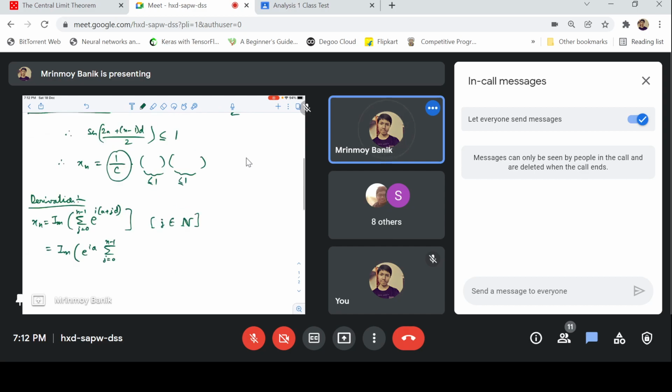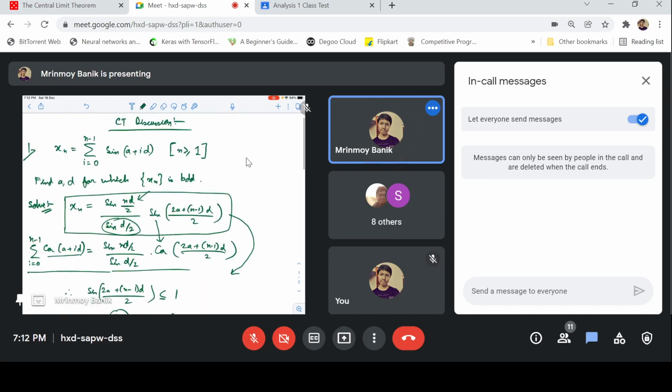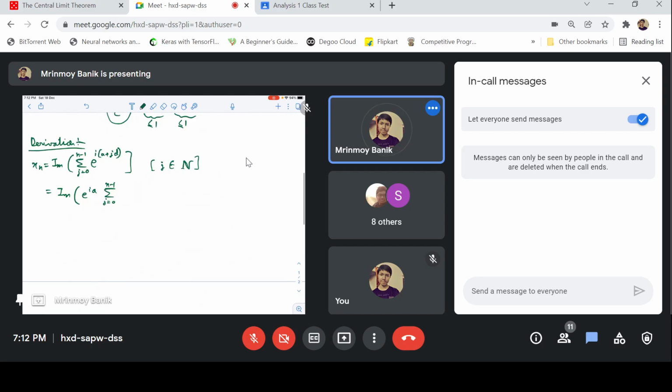Wait, it's up till n minus 1, right? Yeah. e power iota jd. So what's the common ratio?